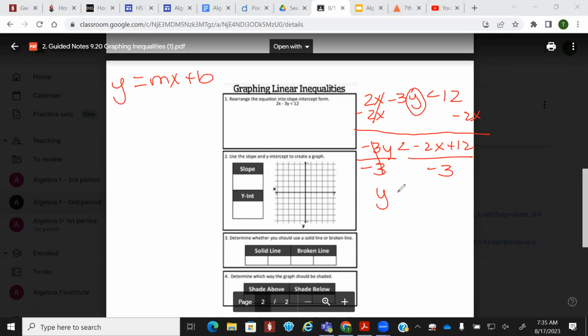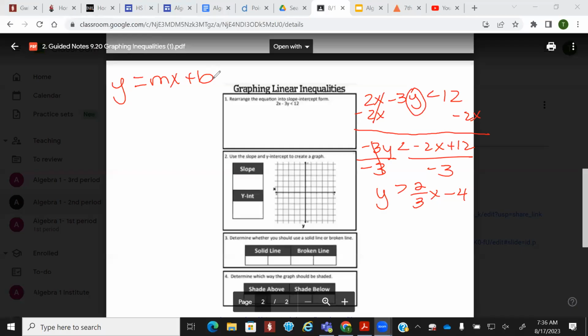And when we divide by a negative number, inequalities are going to flip. That's going to give me 2/3 x and then -4. How I got that was I took -2 divided by -3, which got me 2/3, and then 12 divided by -3, which gives me -4.